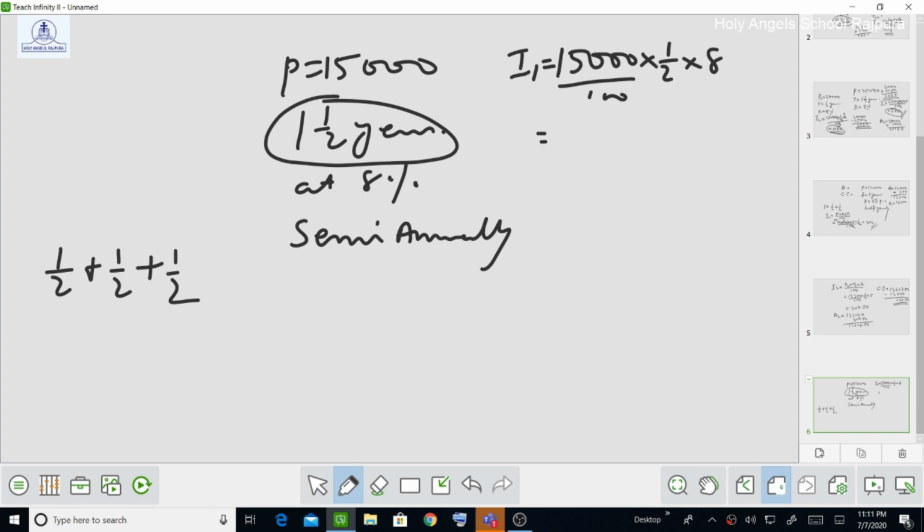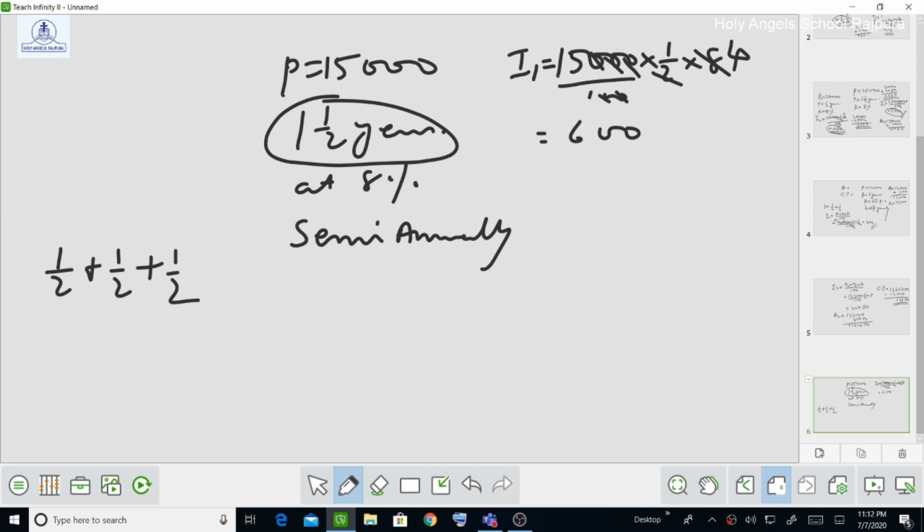How much is that? It can be calculated. 2 zeros cancel. This is 4, and 150 into 4 is equal to 600.